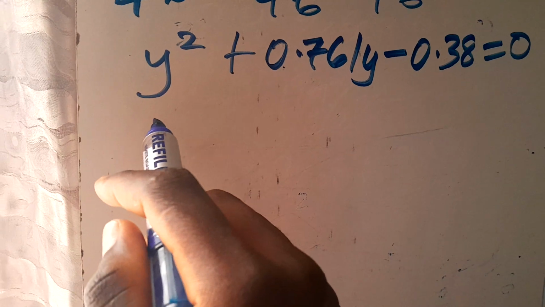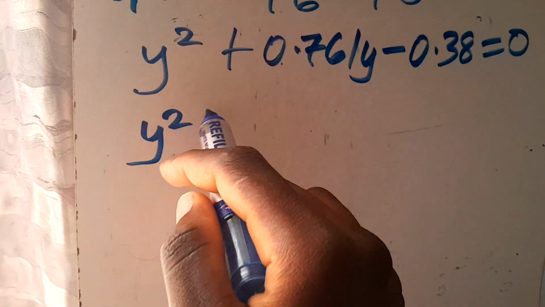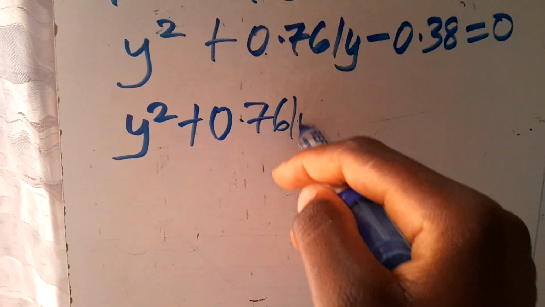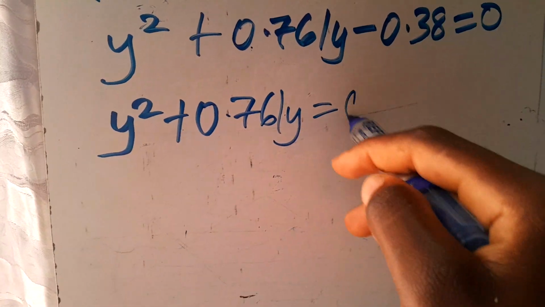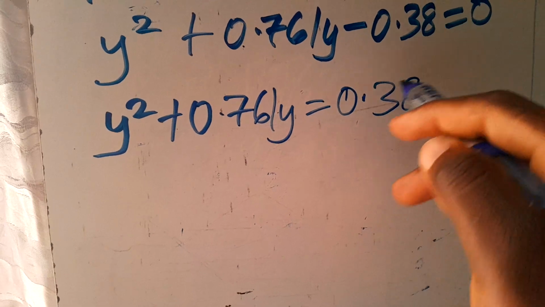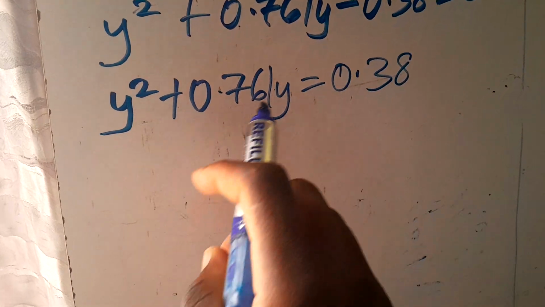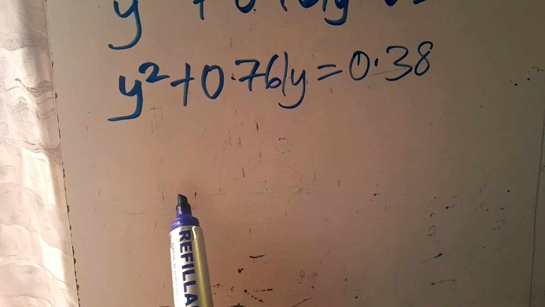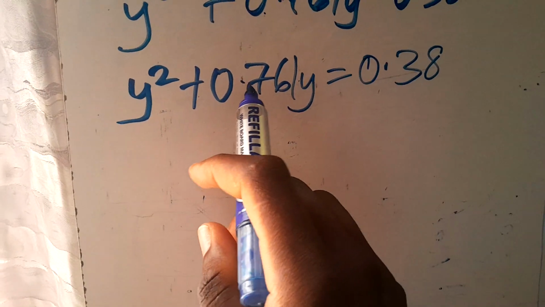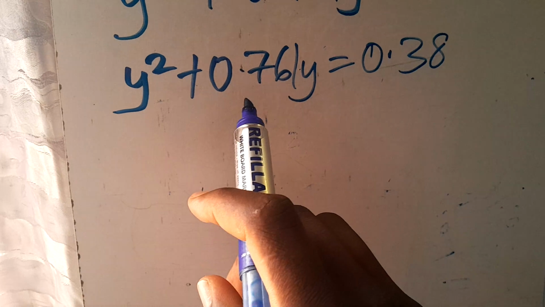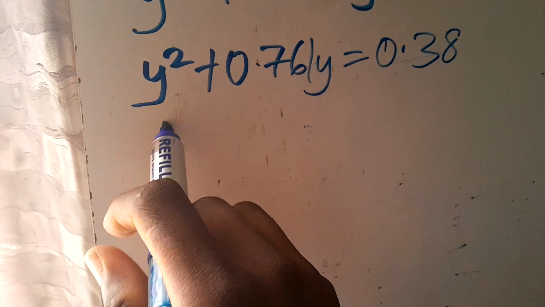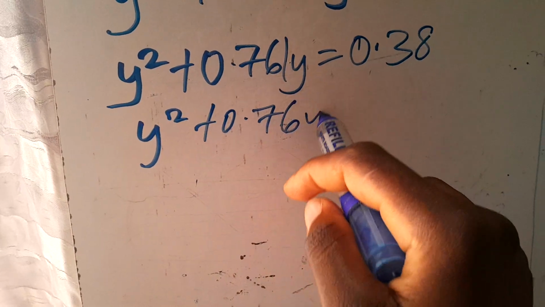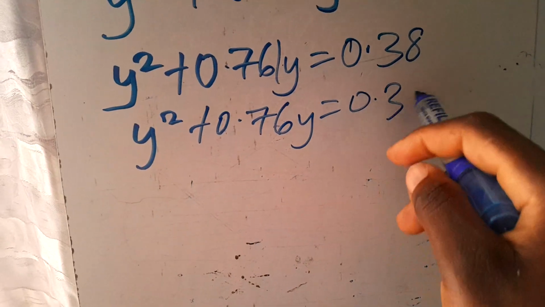We will have y squared plus 0.761y is equal to 0.38. And then we look at the coefficient of y, 0.761. We can reduce it to 0.76 to make our work easier. So we can have y squared plus 0.76y is equal to 0.38.